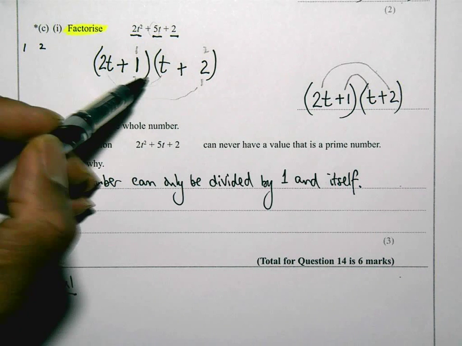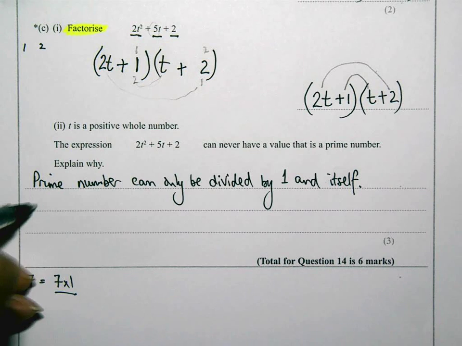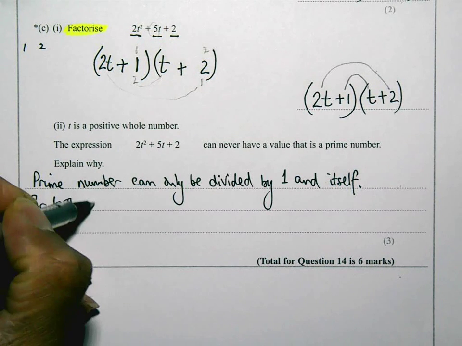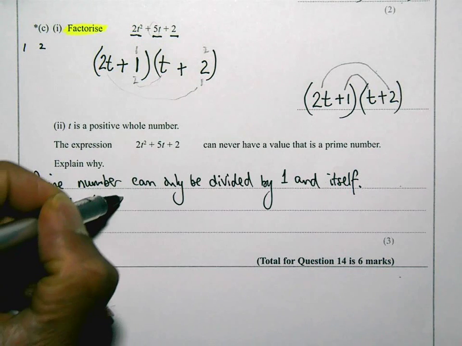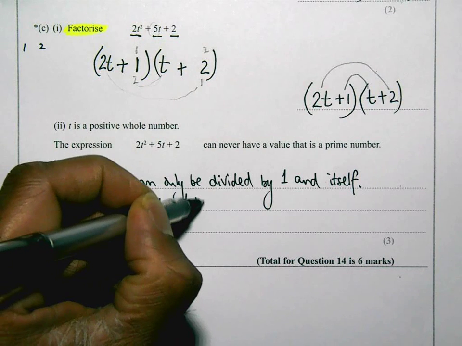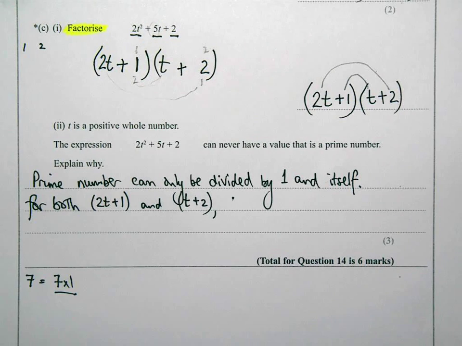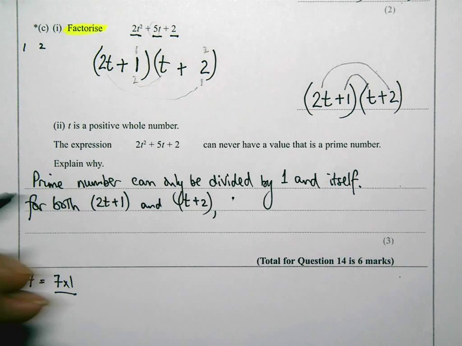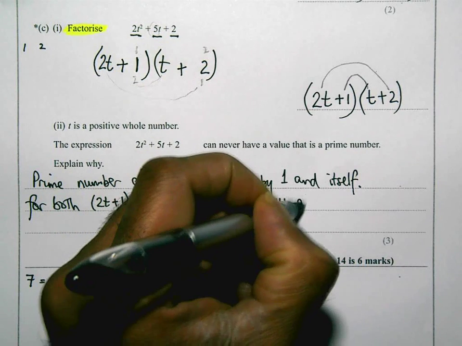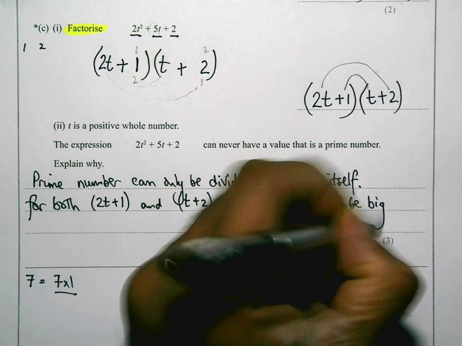So for both 2t plus 1 and t plus 2, for both of those, they will always be bigger than 1.